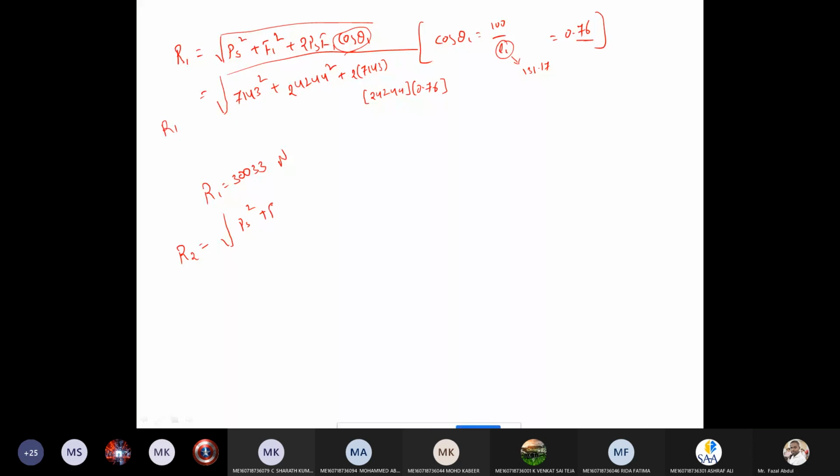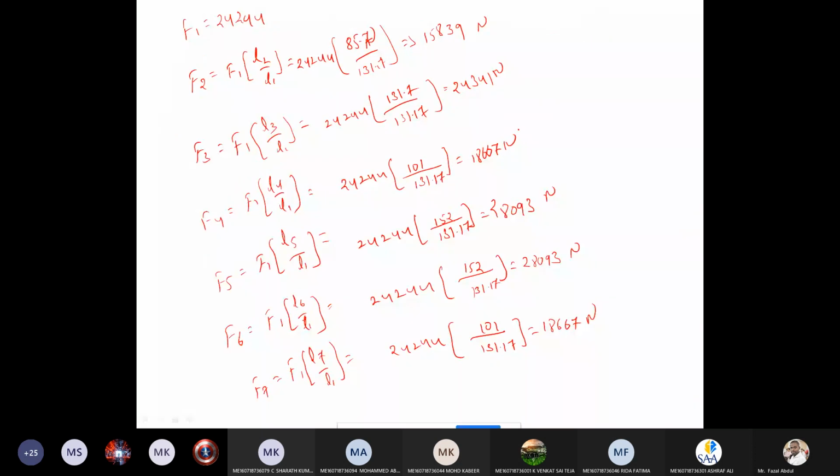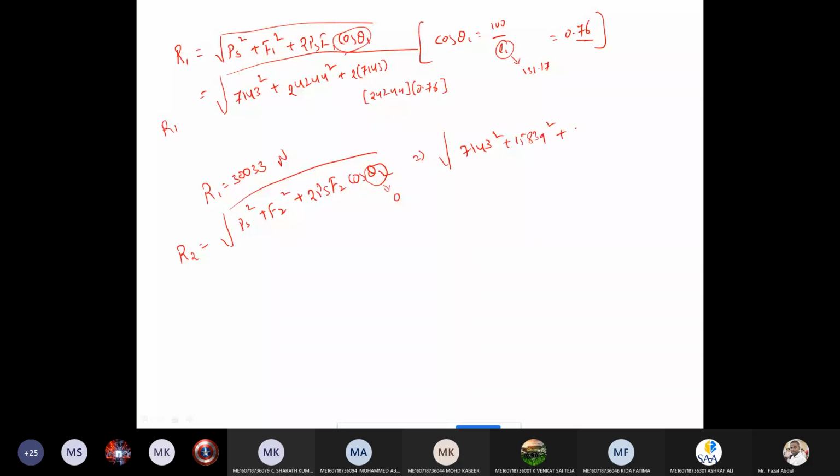Now R2. To get R2, the equation is Ps square plus F2 square plus 2 Ps F2 cos theta 2. In the figure, we can't find that theta 2 value, so that's the reason I'm writing cos 0. Now the equation is Ps is 7143 square plus F2, how much did we get? F2 we got 15839. 15839 square plus 2 into 7143 into 15839 into cos 0.